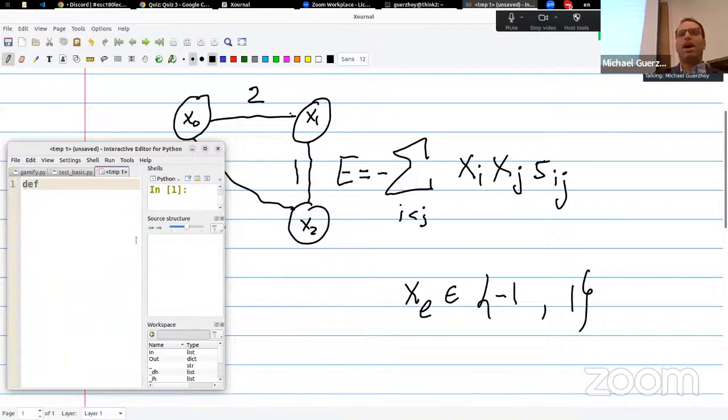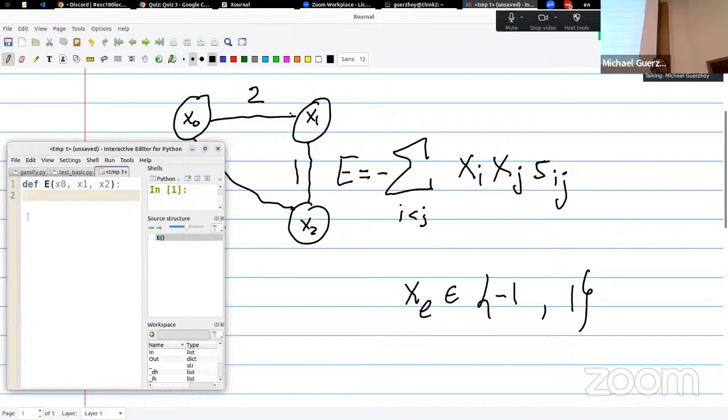We're going to try to compute the energy here. Essentially, we're going to compute this formula, and the input is going to be x0, x1, x2. This is a big sigma, but with input x0, x1, x2 it's just 3 terms that I need to add up.